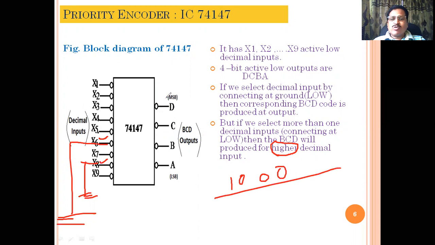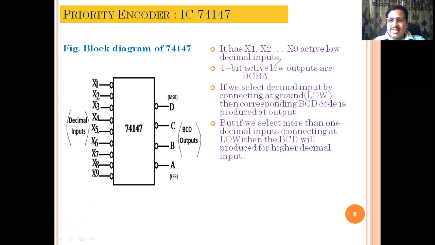DCBA is 1000, but with inversion D bar comes 0, C bar comes 1, B bar comes 1, A bar comes 1, because of the bubbles in their path. So when we select more than one decimal input, the BCD code at the output is always produced for the higher decimal input.